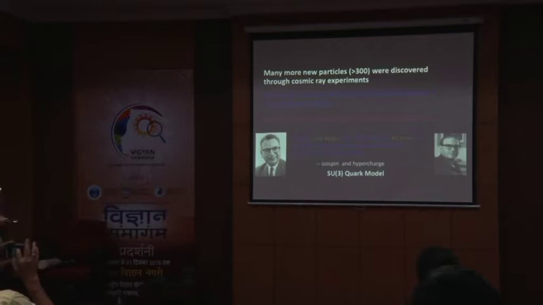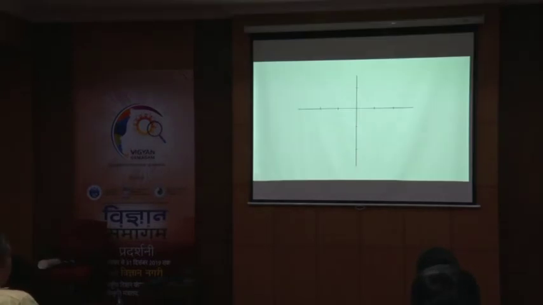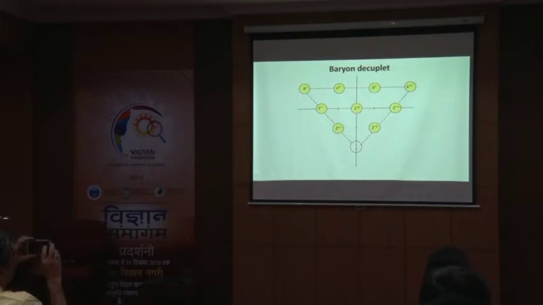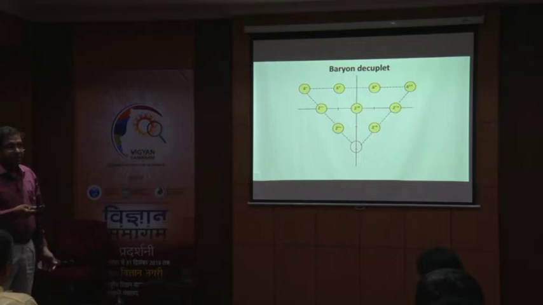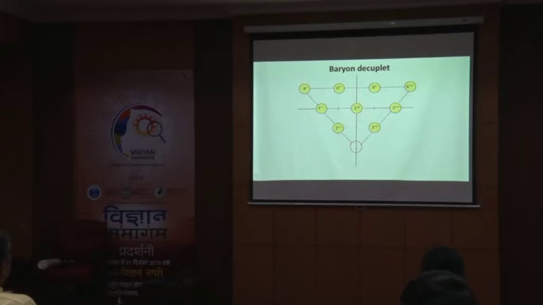Okay, so the SU(3) quark model, today we call it the SU(3) flavor quark model, was proposed, and that hinted at the time at the u and d quarks and so on. Everything was arranged in something called the baryon decuplet, and the mesons form octets.